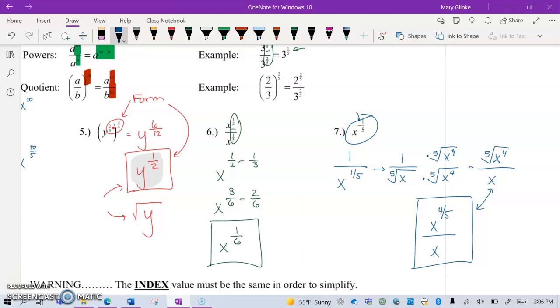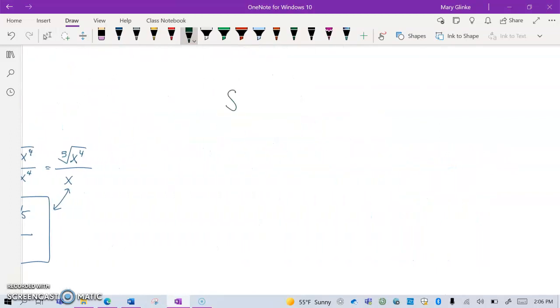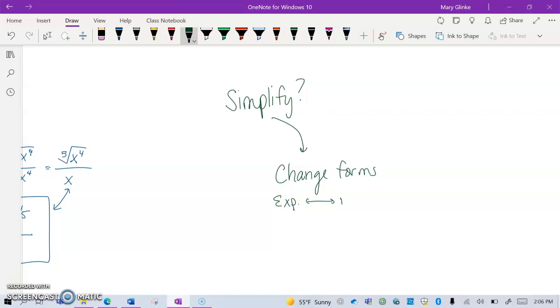So for problems, what I'm going to recommend doing is to say, whatever form you're in, can you simplify in that form? If not, you're going to change forms, meaning exponential to radical, or vice versa.